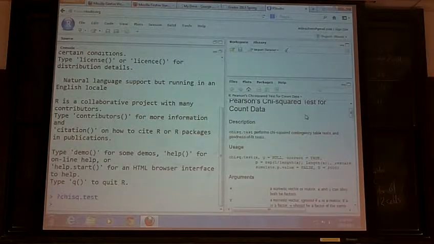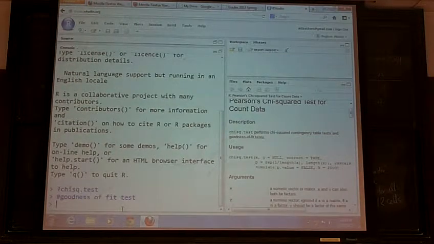So for the goodness of fit test, let's say we wanted to know if a die was fair, okay? And so let's say these are our die rolls. Then let's say I roll the die 100 times, or a whole bunch of times.